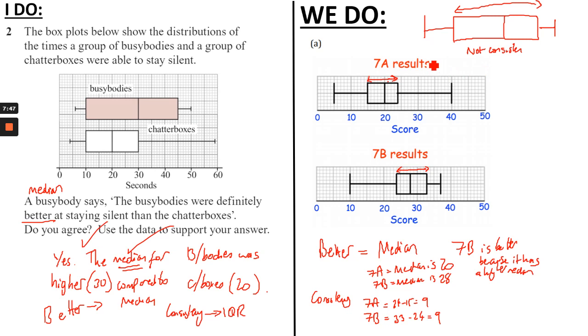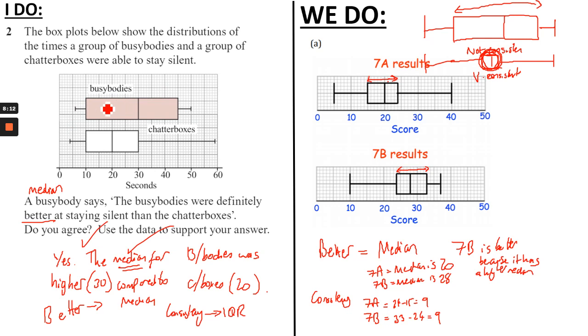Whereas if you had a similar range, but the interquartile range was much narrower, that is very consistent. Because if you think about it, that's 50% of the people not very spread out. Whereas in the top example, you've got 50% of the people spread out massively.